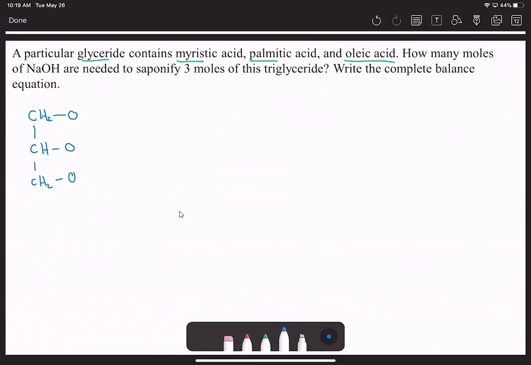And now I'm going to add each one of these acids, fatty acids, to that glyceraldehyde or that glycerol backbone. So the first one says myristic acid. That's CO2H.